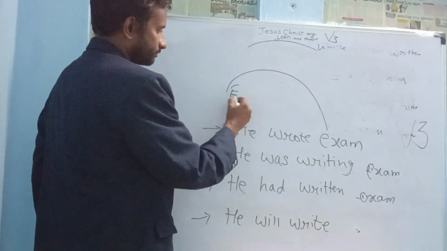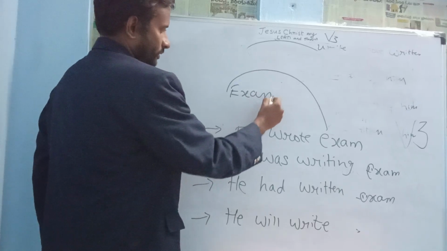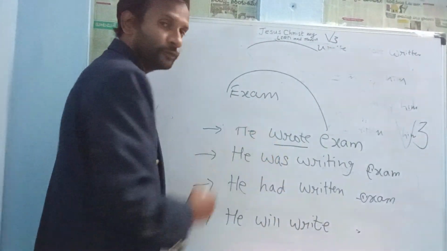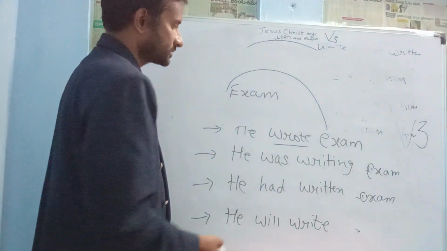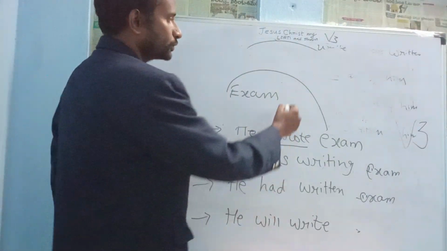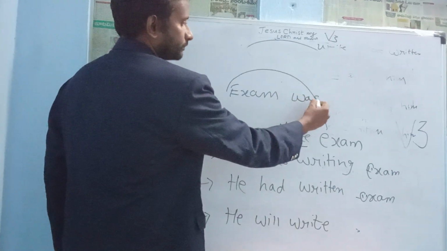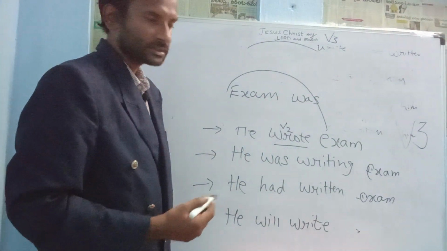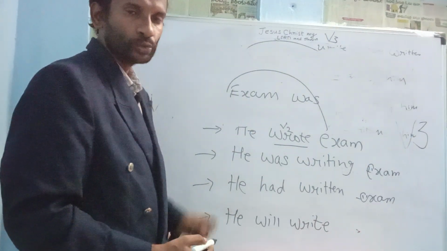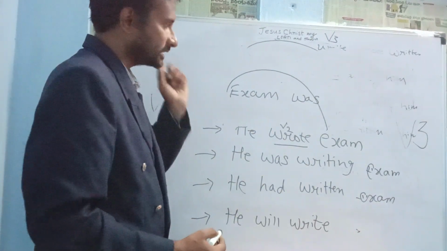Now exam is or was. Here wrote is in V2, that is past tense. If the verb is in V2, that is in past tense, we should use was. Exam was. And always in passive voice, we have already learnt the rule, we need to use V3.